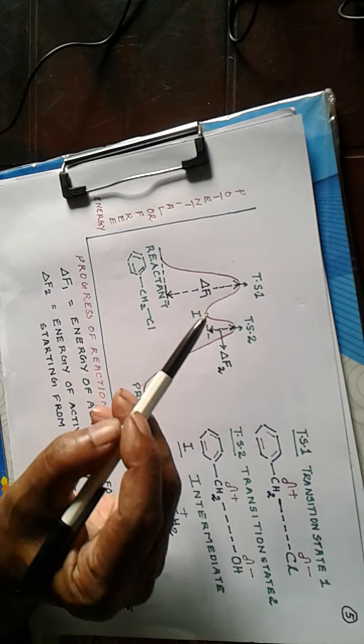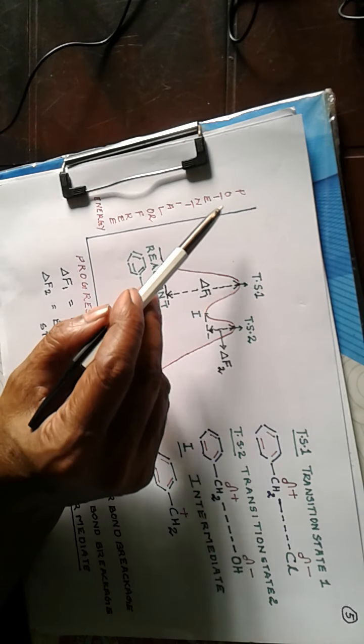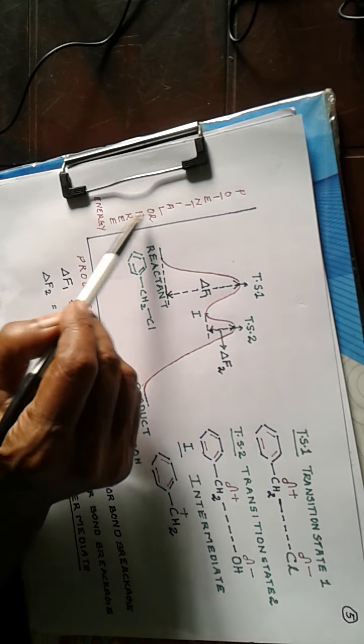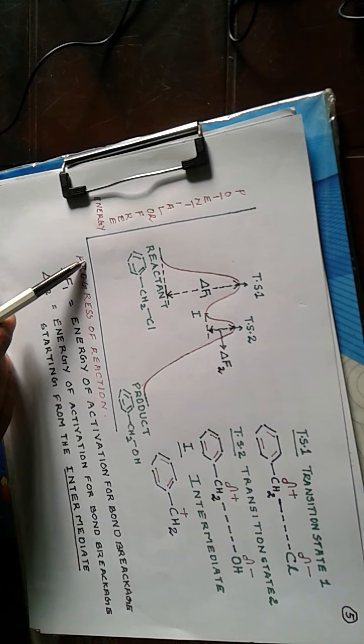So a diagram can be drawn by plotting potential energy or free energy, which are equivalent or proportional, against the progress of the reaction in the forward direction. We study the progress of the reaction in the forward direction.